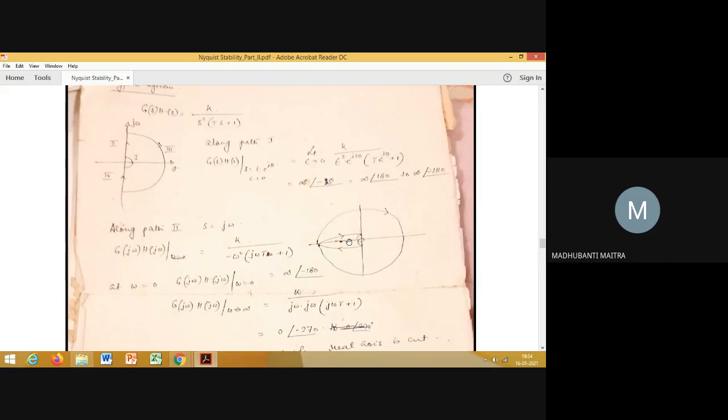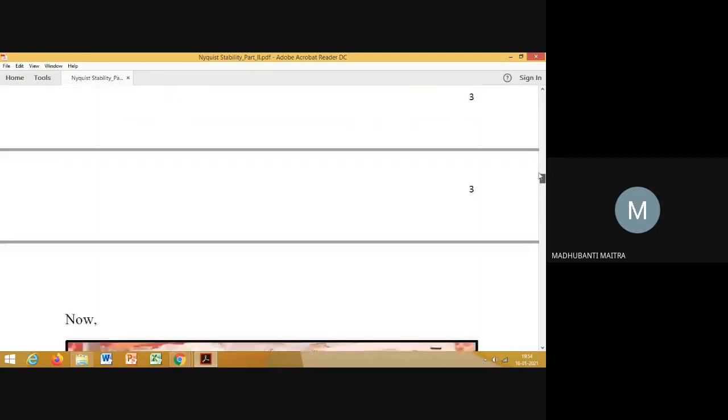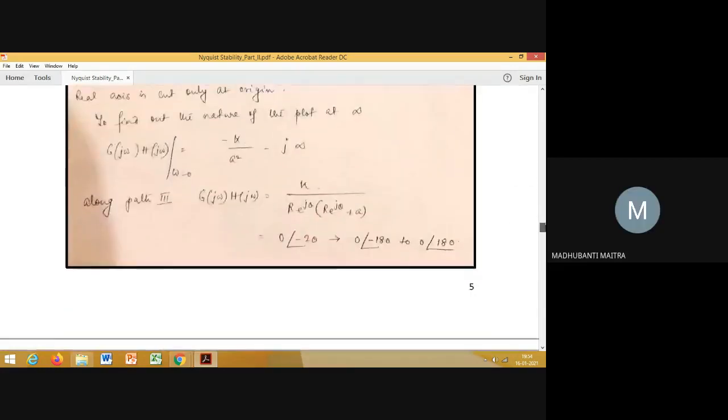That means the point is actually minus 2. That means the magnitude of the GH phasor is 2, where the phase angle is minus 180 degree. So this can be written as 2 angle minus 180 degree. Is it clear?